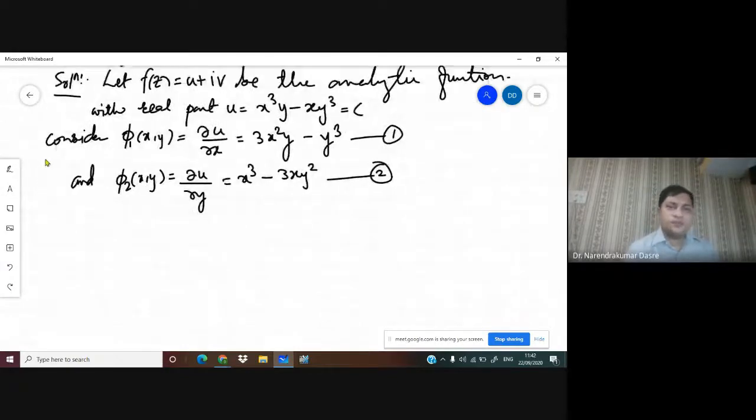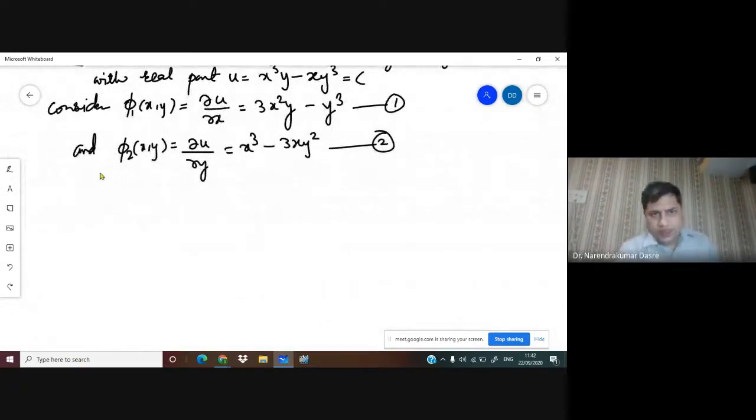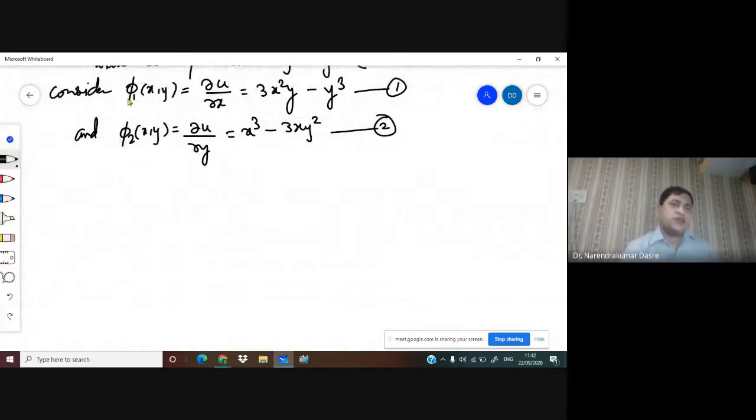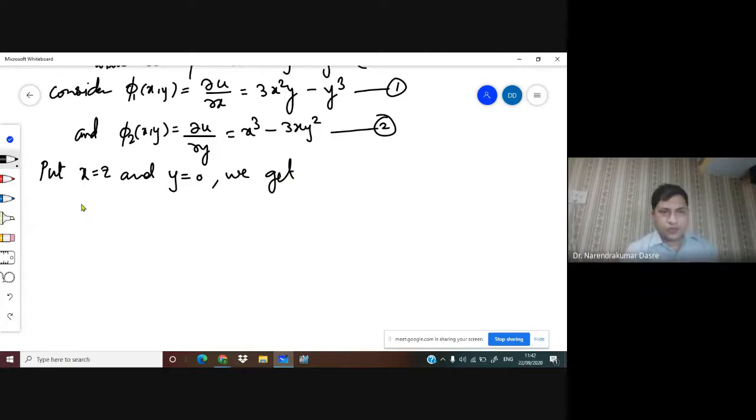Now the third step we have to consider, and in the third step what we do is we put x is equal to z and y is equal to 0. So phi 1 of z, 0 is equal to, here this y is 0, this y is 0, so the function is going to be 0.